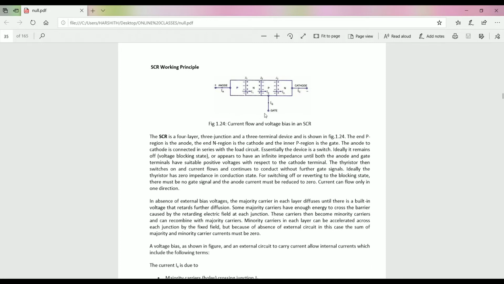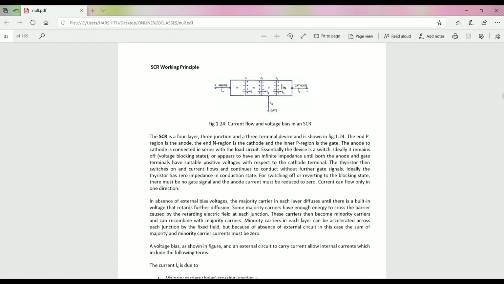This current increases the anode current as some of the electrons cross the junction J2. As the anode current increases, more electrons cross J2 and the anode current increases further.